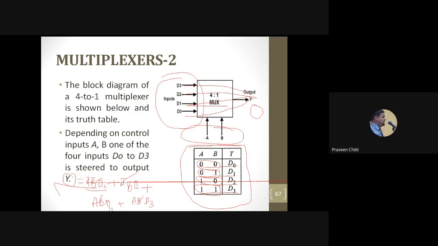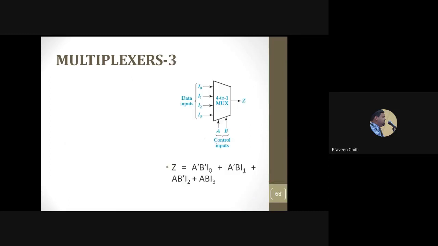The same process of designing is explained in more detail here for the same 4:1 mux, which I already discussed. Here the control inputs or the select lines. Again, you should remember sometimes they call it control inputs or select lines. It is one and the same. And the actual inputs are called data inputs.